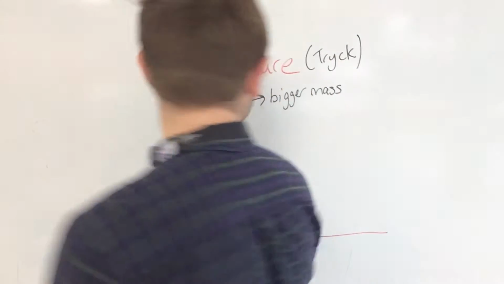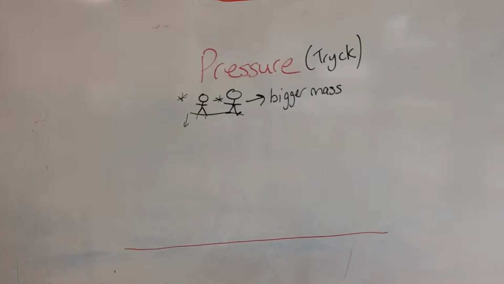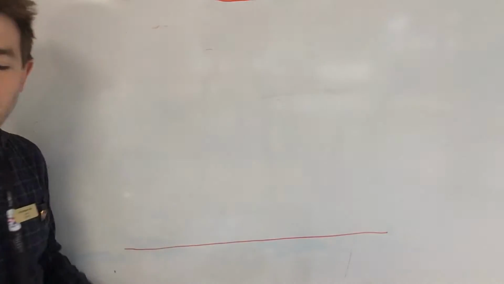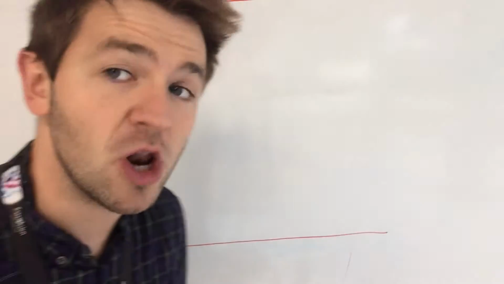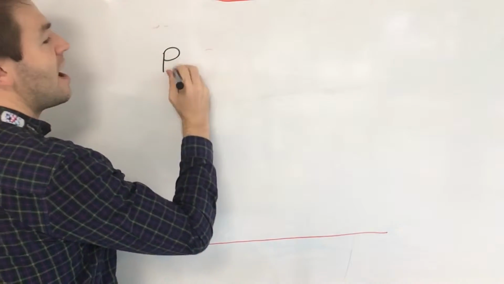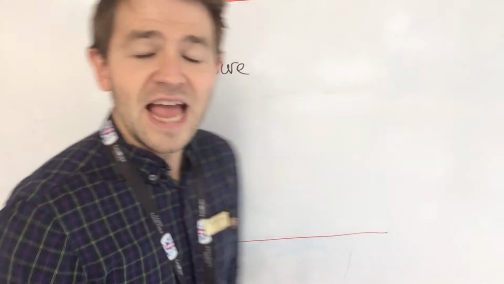Let's do some maths. Looking now at pressure, pressure has a mathematical formula, just like density did. So if I was calculating pressure, it is the amount of force I put into the ground.